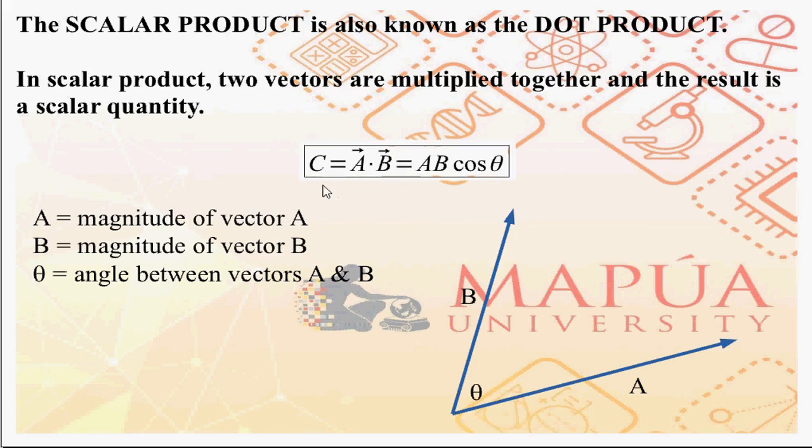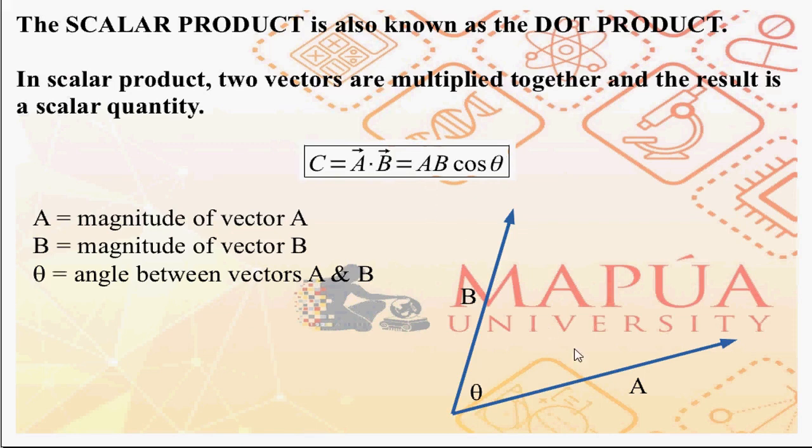Scalar product is equal to A dotted with B is just equal to magnitude of vector A times magnitude of vector B times cosine of the angle between A and B. Okay? The scalar product may be positive or negative, but note that magnitude is always positive.